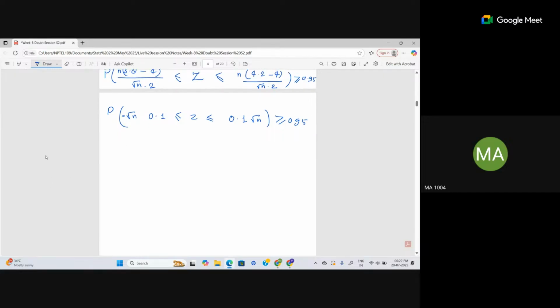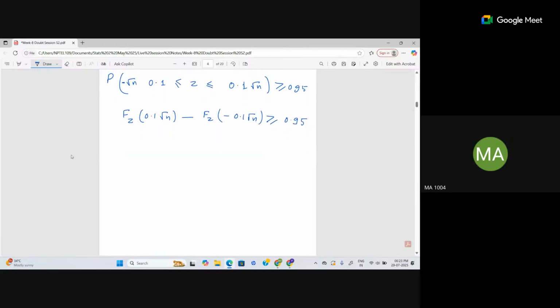Now we can write it in the form of the CDF of the standard normal. So this will be Fz at 0.1 root n minus Fz at minus 0.1 root n. Is this clear to everyone? Now this has a negative sign, so it is 1 minus Fz of 0.1 root n, and this entire quantity is greater than or equal to 0.95.